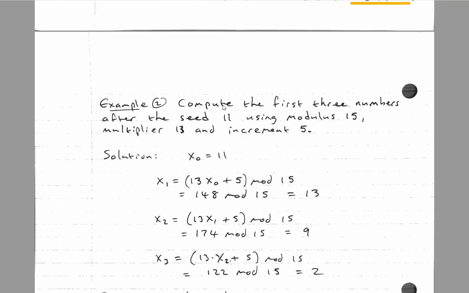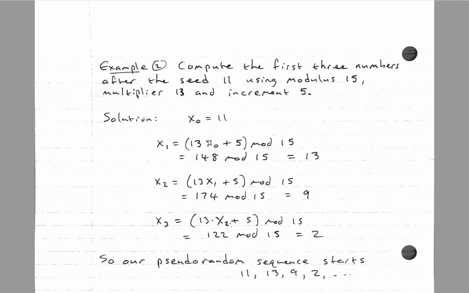Let's see an example. Compute the first 3 numbers after the seed 11 using modulus 15, multiplier 13, and increment 5. The seed is 11, so x sub 0 is 11.